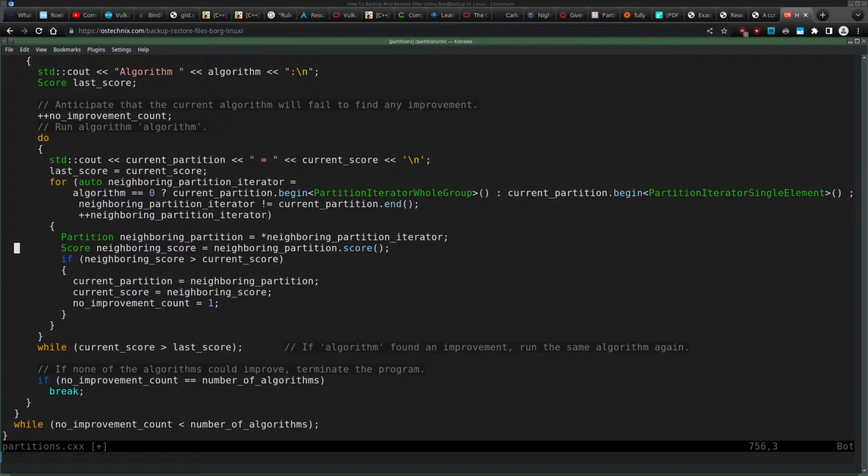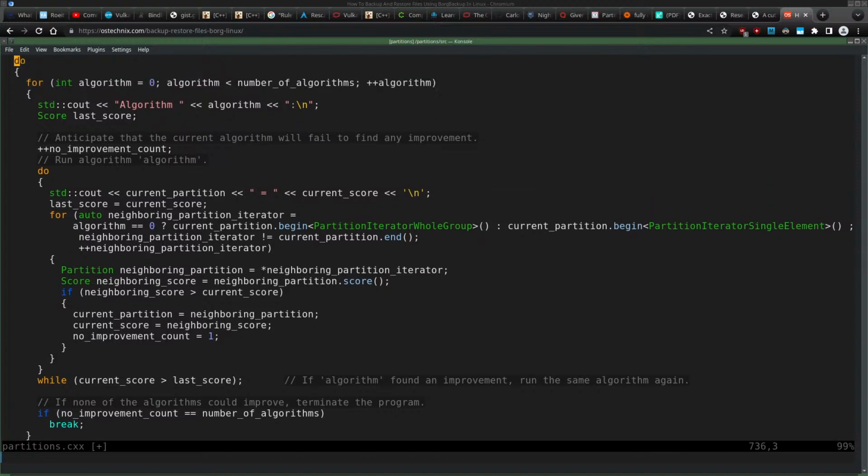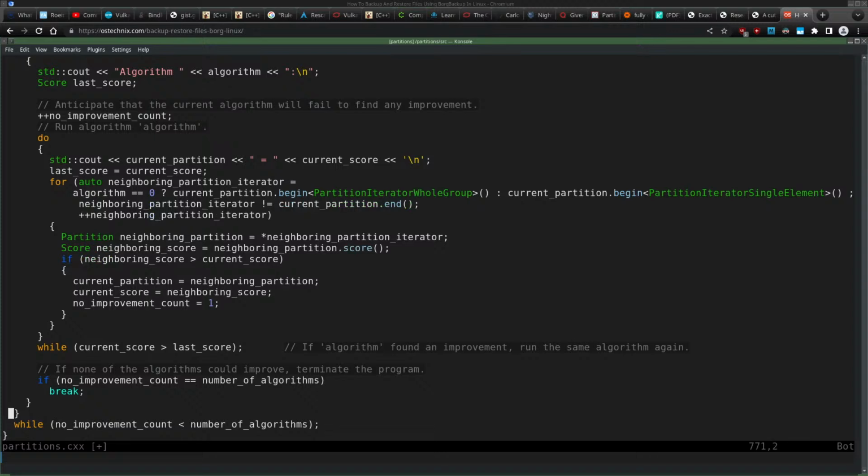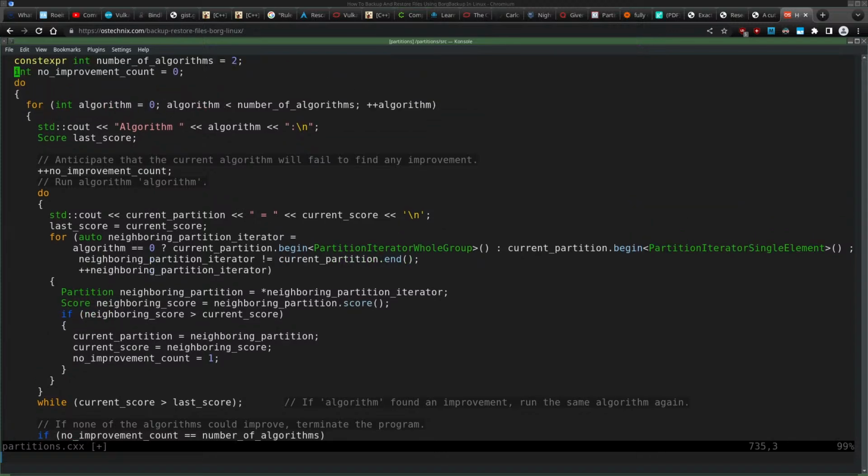Now imagine that algorithm 0 could improve on it, and then algorithm 1 failed. So if algorithm 0 could improve on it, then it did set this to 1. Therefore we do not break, and we go back to the top here. And then it's incremented by 1, now it's equal to 2, anticipating that algorithm 1 is going to fail.